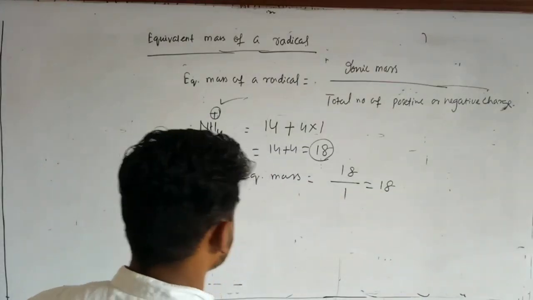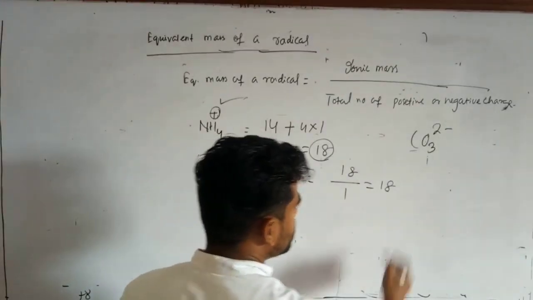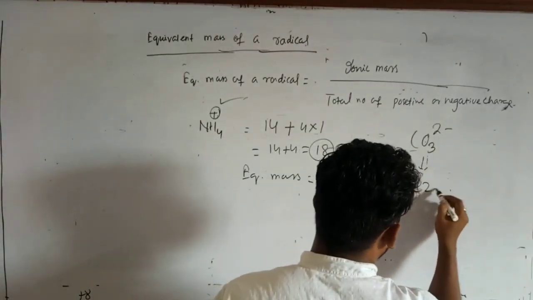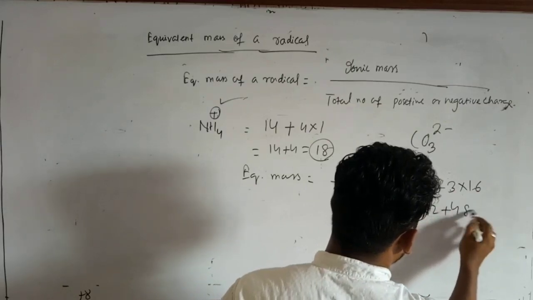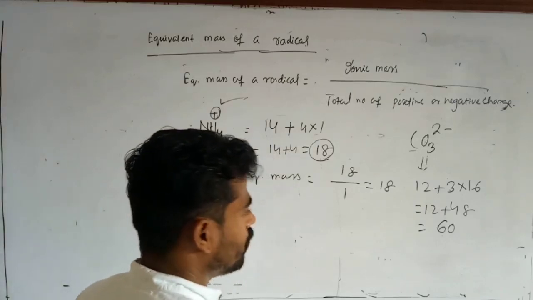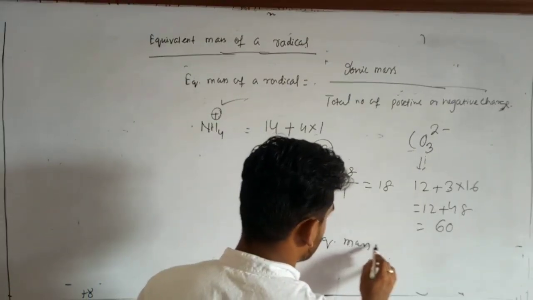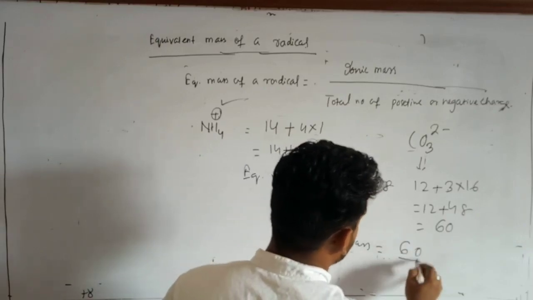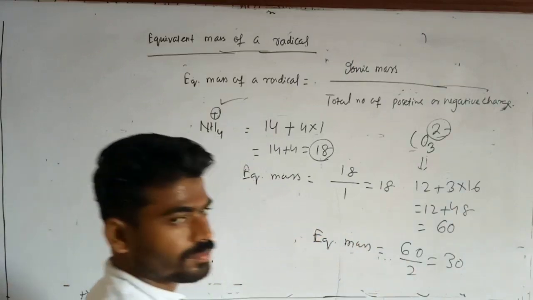Okay, if I consider an acid radical like CO3 2 minus, its ionic mass will be carbon 12 plus 3 into 16, that is 12 plus 48, that will be 60. So its equivalent weight is 60 divided by total number of negative charge 2, that will be equal to 30.